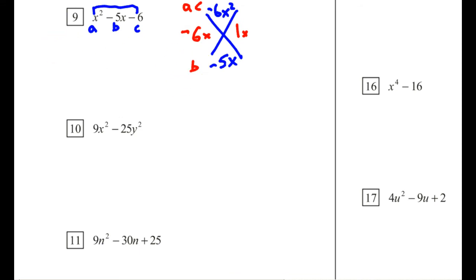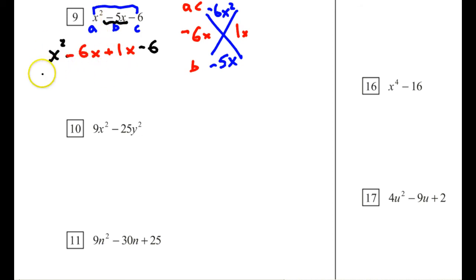So we're going to have x squared minus 6x plus 1x minus 6. I just substituted the negative 5 and put negative 6 plus 1 instead, which is equal to negative 5.